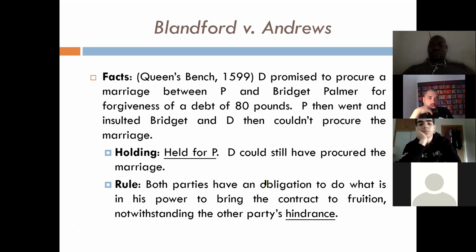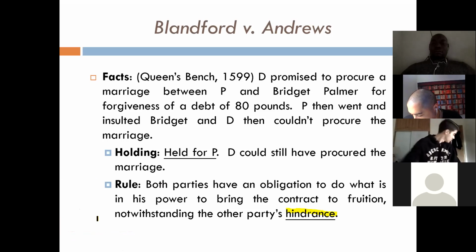If in 1599 I didn't do anything bad, would Bridget have married me? Probably. I hindered Nicola, and that's the key word here, hindrance.